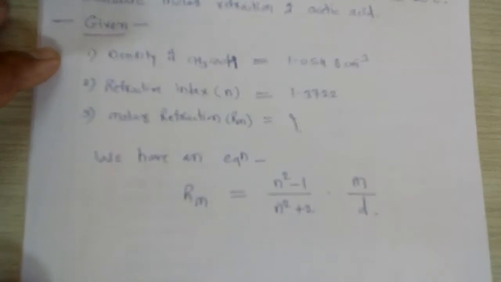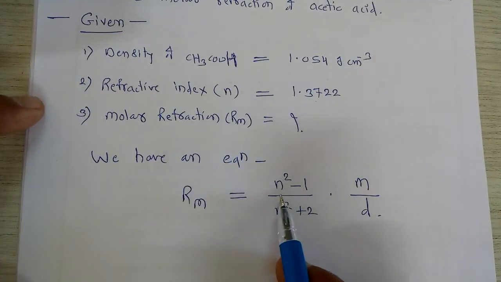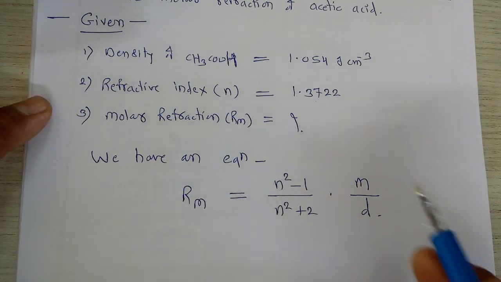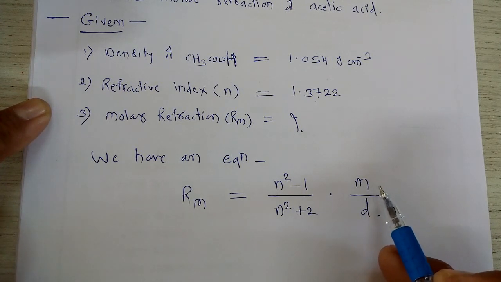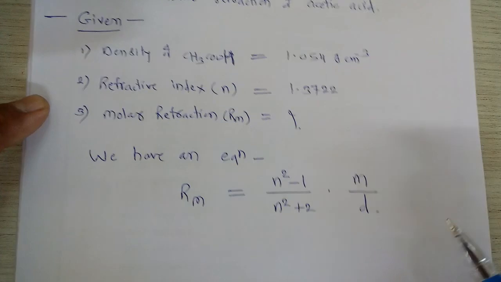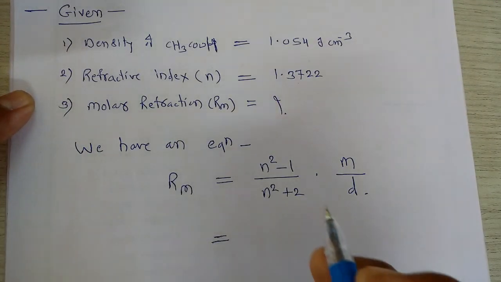In this case Rm stands for molar refraction of a molecule, n stands for refractive index of the medium, M is the molecular weight of the given molecule, that is acetic acid, and d is the density of the acetic acid.